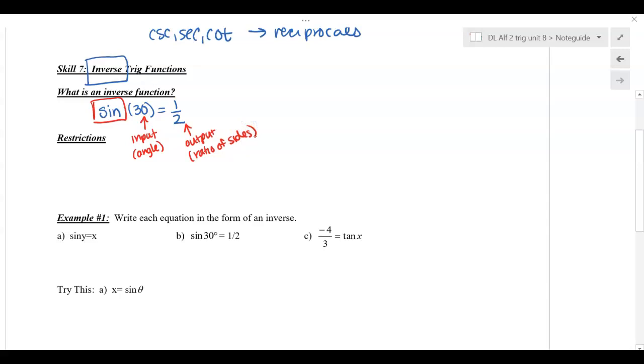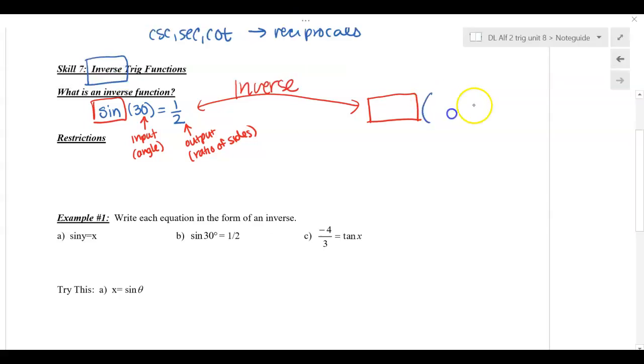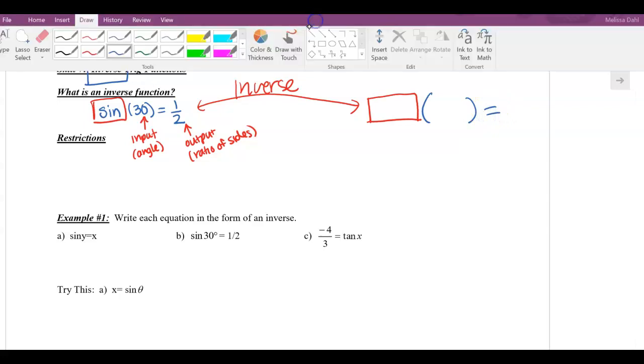Those side values. Remember, every time you want to change something into its inverse, we're going to need a new function. And that function is also going to have an input, and it's also going to have an output.